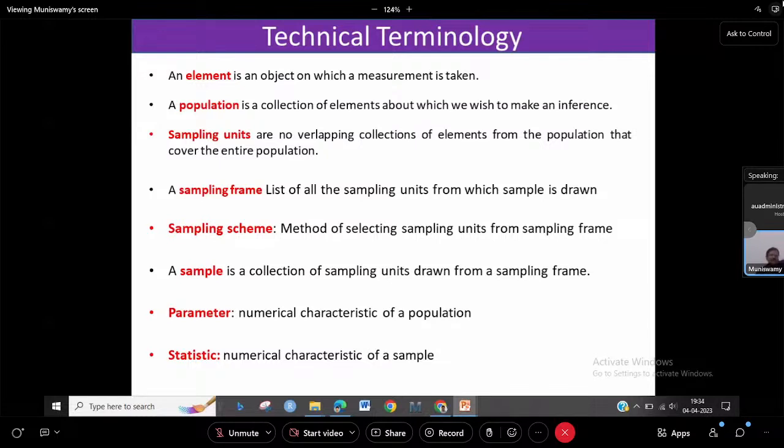The thing is, in your research project or investigation, you have to decide whether you are going to do a census or a sample. Census in the sense of the entire population; sample in the sense of a part of a population.